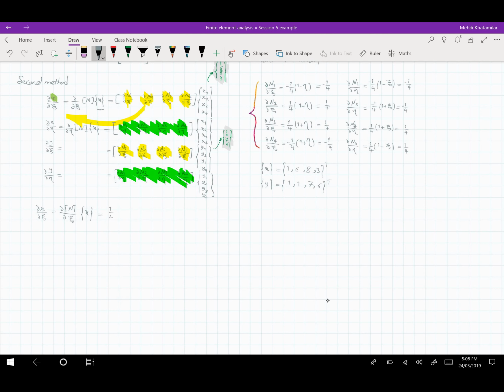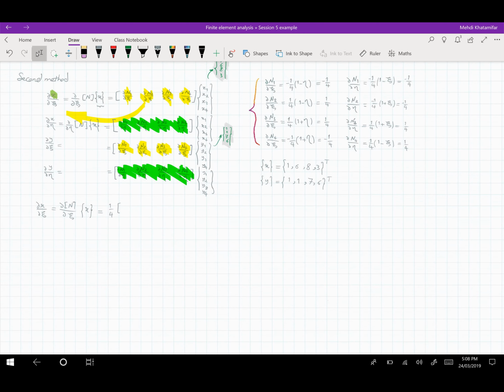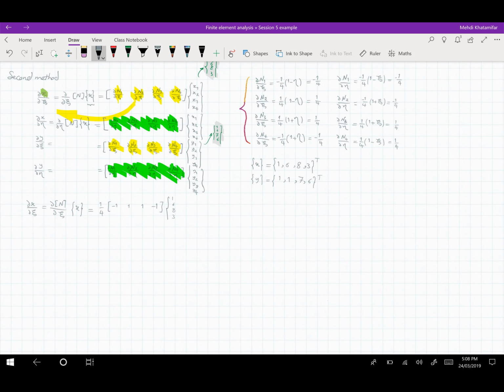I'm using 1/4 outside, and so negative 1, positive 1, positive 1, negative 1. This is my N matrix with derivative with respect to psi, and the x vector is going to be 1, 6, 8 and 3.